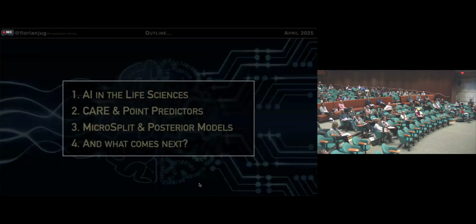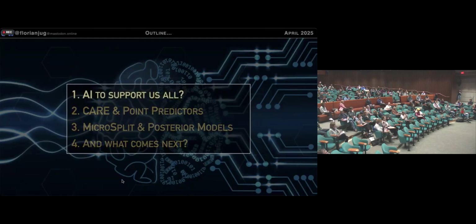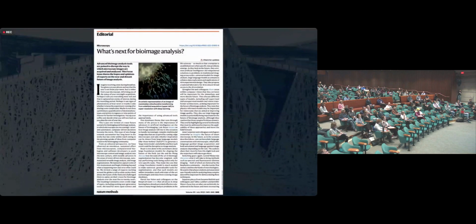Okay, I am going to tell you about a bunch of things, but I would like to start by reflecting on how I see AI being used in the life sciences, and how it is there to support us all. This is mostly making a statement about the microscopy sub-community.